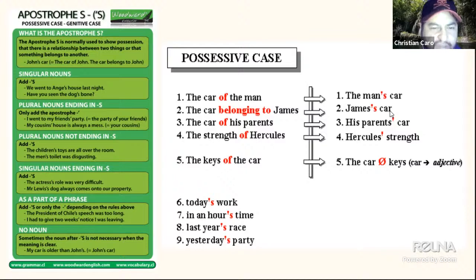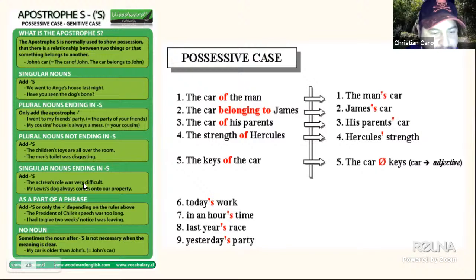Y es como que gente que lo acepta, no importa. Pero la regla dice James's car. And Mr. Lewis's dog always comes into a property. The actress's role was very difficult, ¿cierto? Y todo eso.